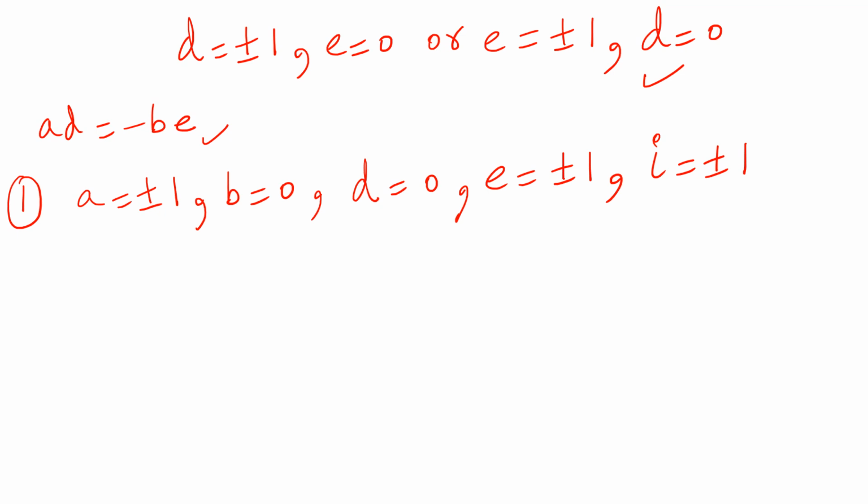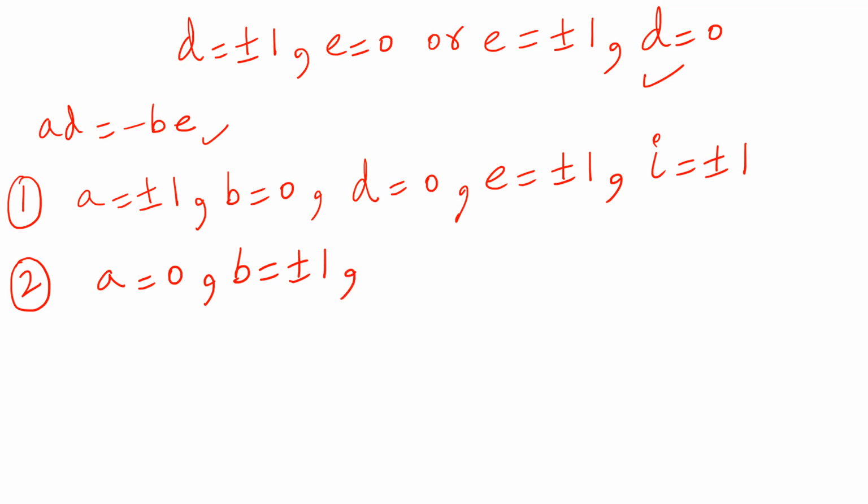Now students, do remember that the value of the constants C, F, G and H, they are all 0 in all the possible matrices Q. Now this is the first type of matrix Q. Now we move towards the second type of matrix Q, where A equal to 0. Now if A equal to 0, then the value of B must be equal to plus minus 1.